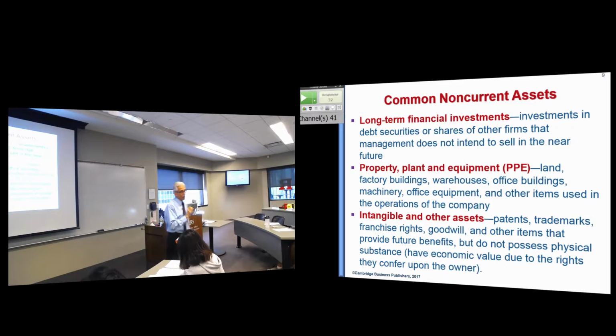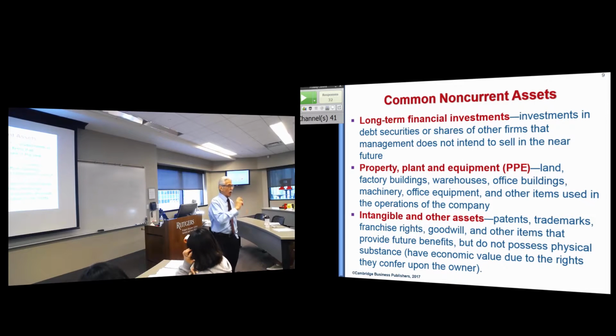Internally generated intangibles are not recorded in the U.S. They are in Great Britain and other countries, but in the United States, internally generated intangibles are not recorded. For example, the Nike swoosh has no value on Nike's balance sheet unless somebody buys them.